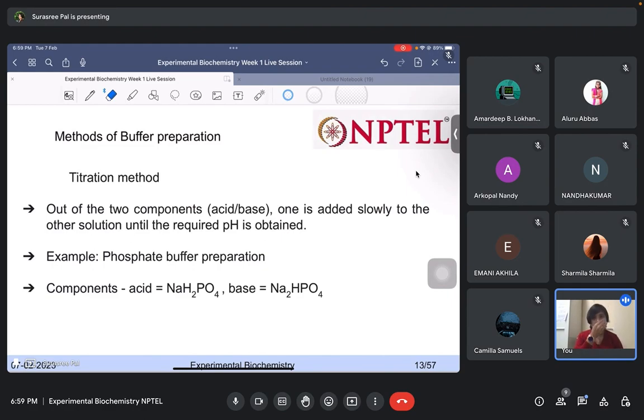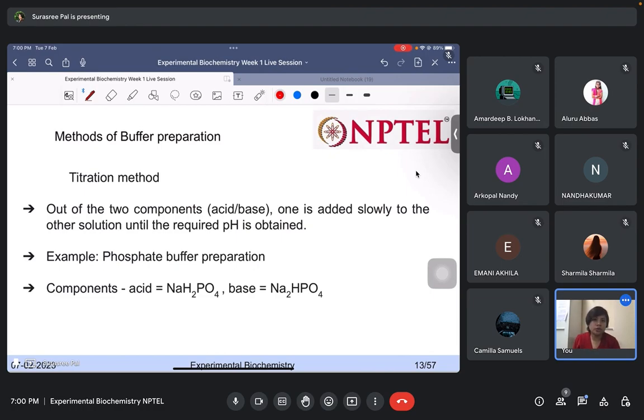This is a crude method, because the amount that we have to add is not fixed, and we are not calculating how much of the acid or base is required. But this is a very common way of preparation of buffers, and this is how we prepare phosphate buffer in our laboratory.